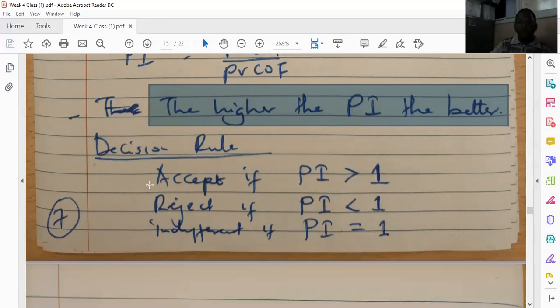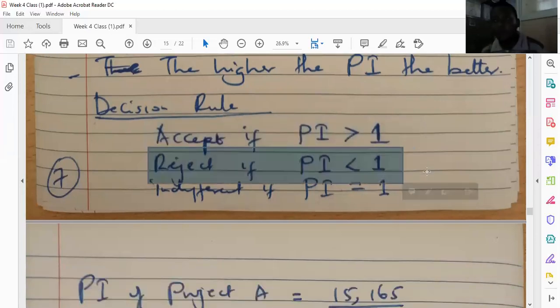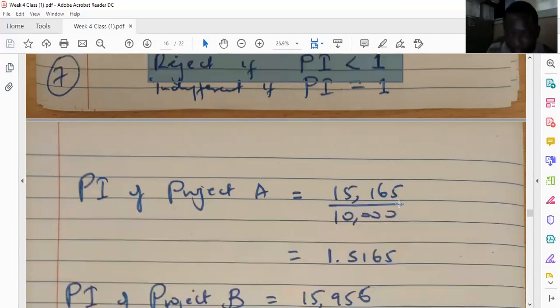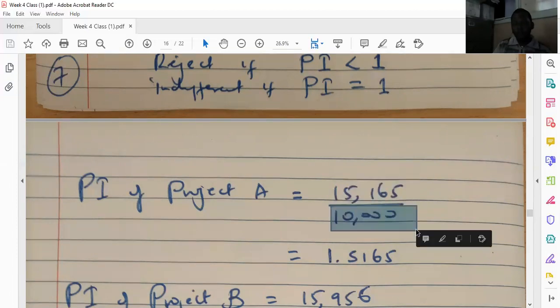The decision rule in a PI is we accept a project if its profitability index is greater than 1, and if its profitability index is less than 1, we reject the project. We do not invest in a project if its profitability index is less than 1. Back to our question, the profitability index of project A is equal to the present value of cash inflow of project A divided by the present value of cash outflow of the same project, that is 10,000 shillings.